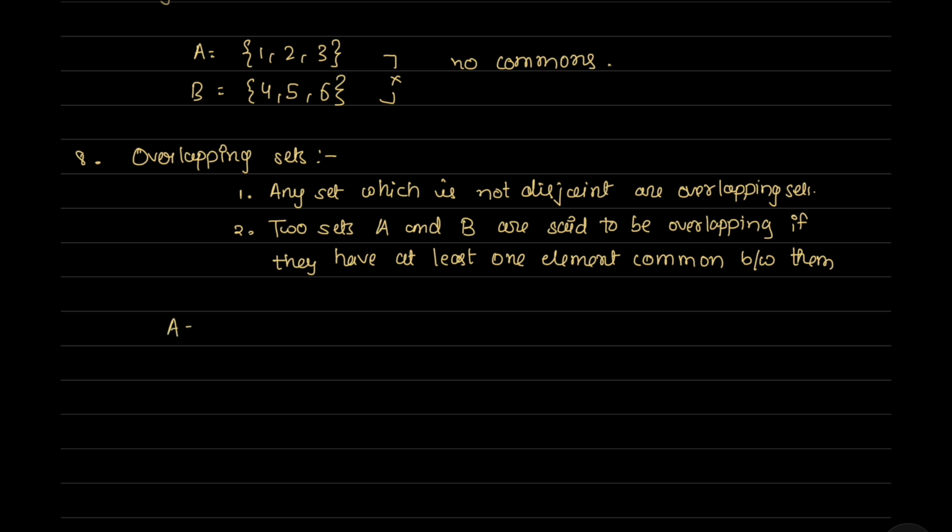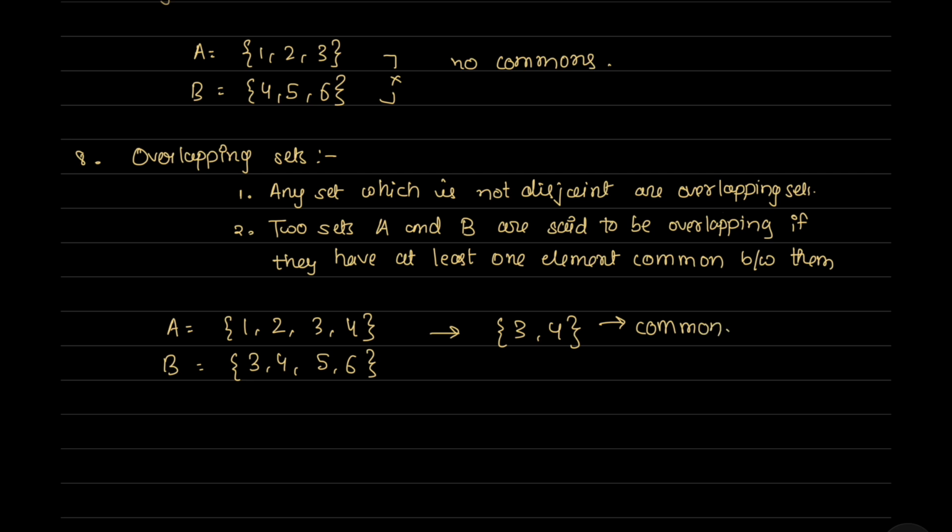Example, you have A equal to 1, 2, 3, 4 and you have B equal to 3, 4, 5, 6, which are arising from some definition. Now see, sets A and B have two elements common between them, 3 and 4. Alright, these are the common ones. And because they have at least one common element between them, we can say that A and B are overlapping.